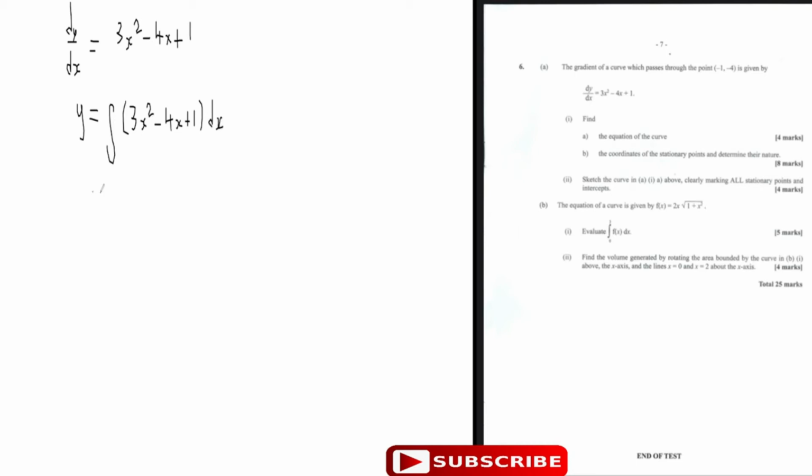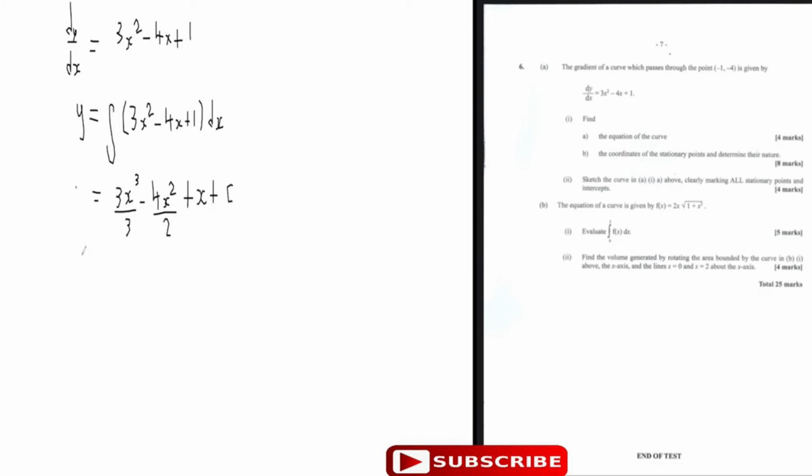So now you integrate that, and what you're going to get is 3x cubed over 3 minus, add 1 to the power, you get 4x squared over 2 plus 1, that's just x, plus some constant c, and that's the equation of the curve.